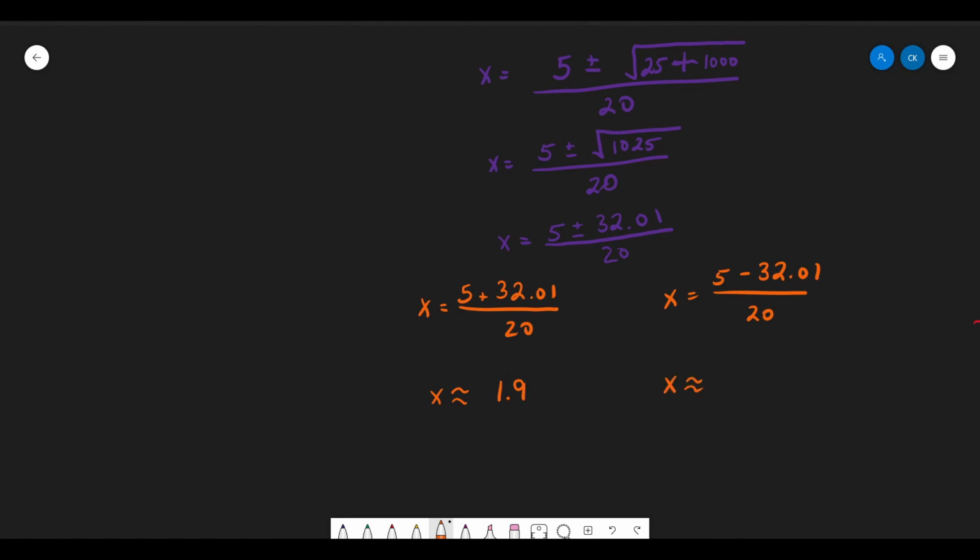That's going to give us x is approximately negative 1.4. So again, two different answers for my quadratic equation. So again, you need to get both of those answers. Once you've simplified all your different parts, just split it up. One is a plus, one is a minus, and solve them both.